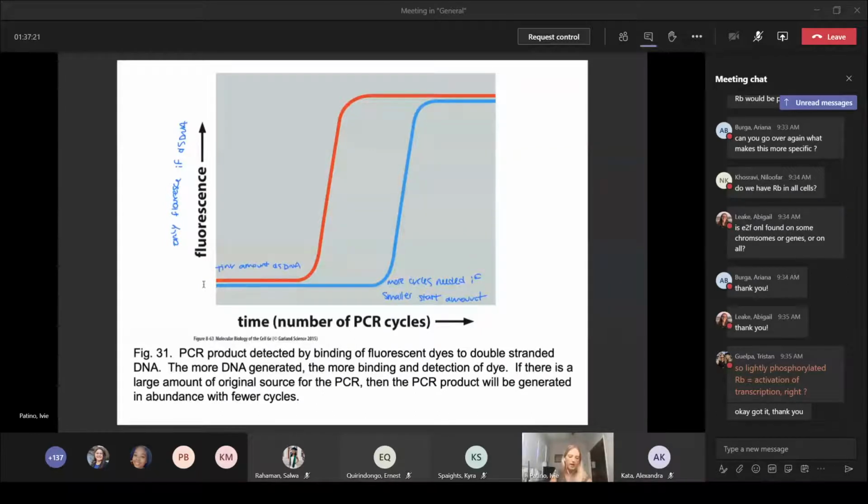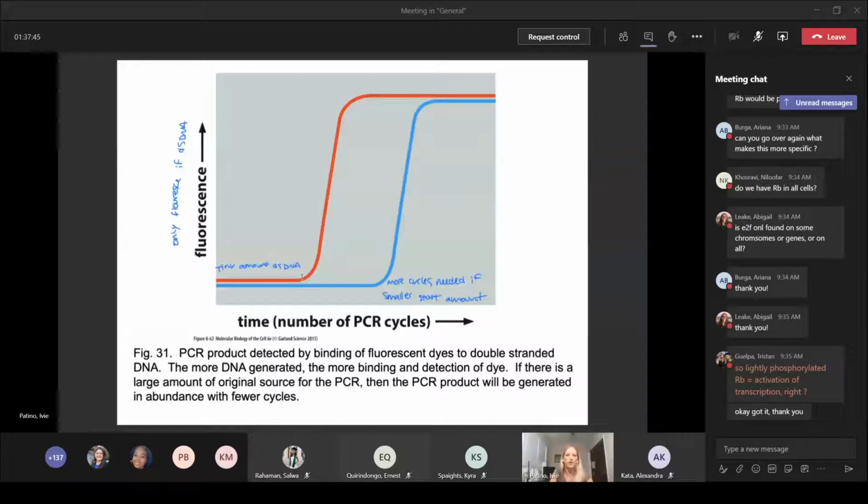It's a tiny amount of double-stranded DNA, which is why we have low fluorescence to start off. But once we do PCR, we end up with a lot of fluorescence up here. So the number of cycles of PCR has increased, and now we have a lot.